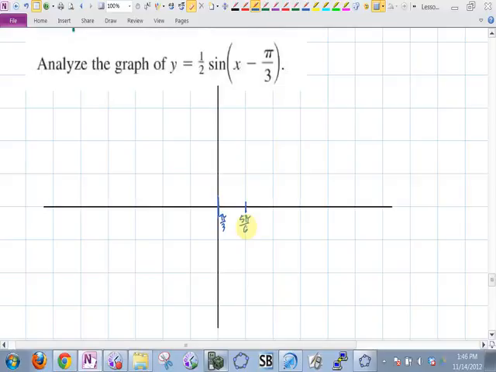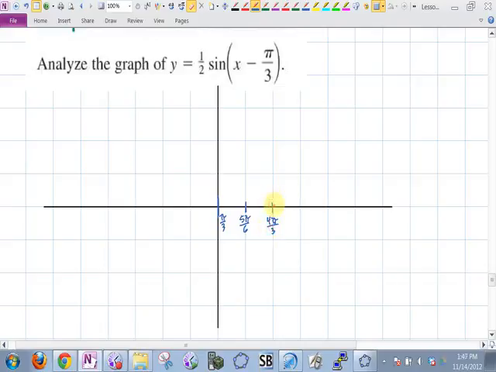Yeah, I like the other way better as well, but you could totally do it this way. Yeah, it's harder, and you're not going to have your calculator. But 5 pi 6 plus 3 pi 6 is 8 pi 6, so 4 pi thirds. And so on and so on.